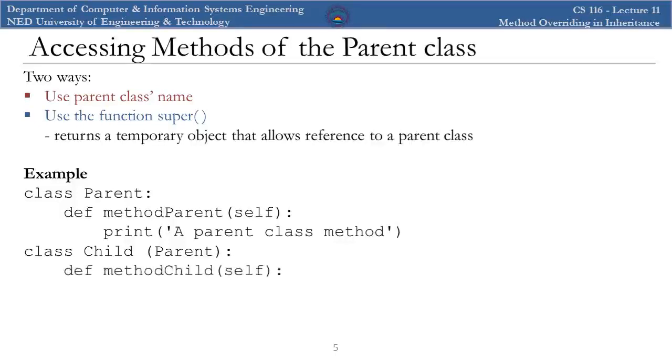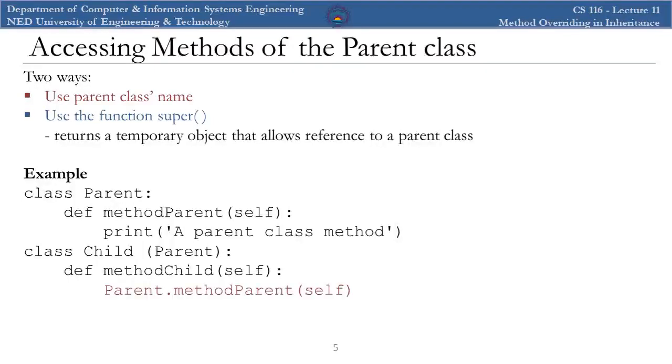Now I am defining another method here, method_child, and this method will access method_parent of the parent class, right? Now if I want to do that, I have two ways, as I mentioned before. The first one is to use the parent's class name.